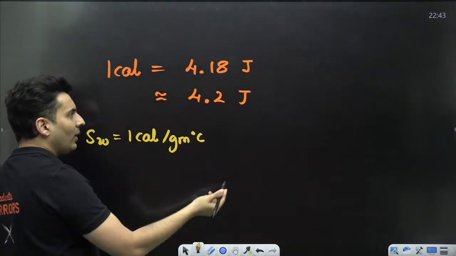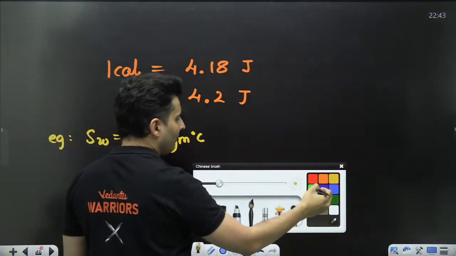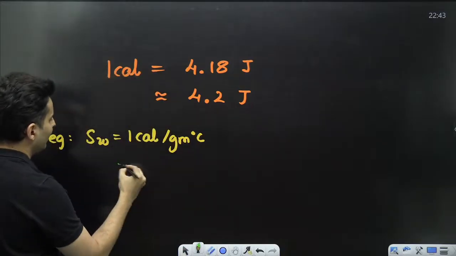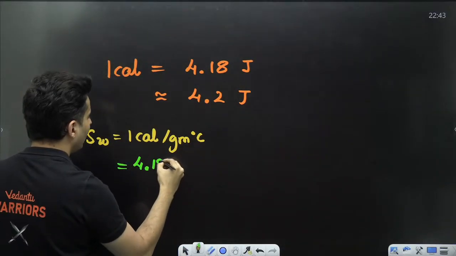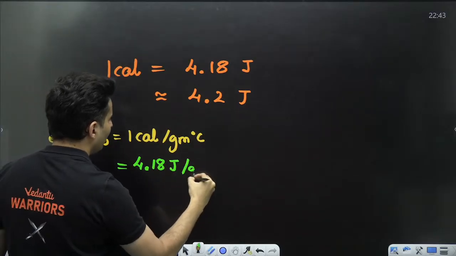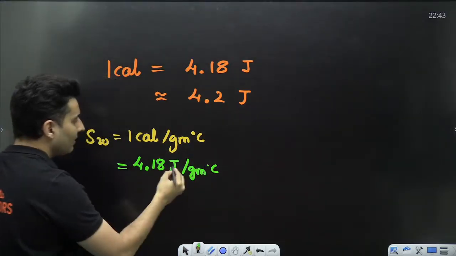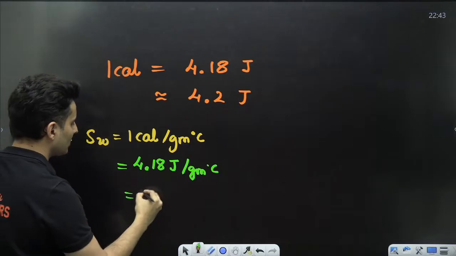If I want to convert it into SI units, first of all, 1 calorie is 4.18 joules per gram per degree centigrade. First I converted calories into joules.